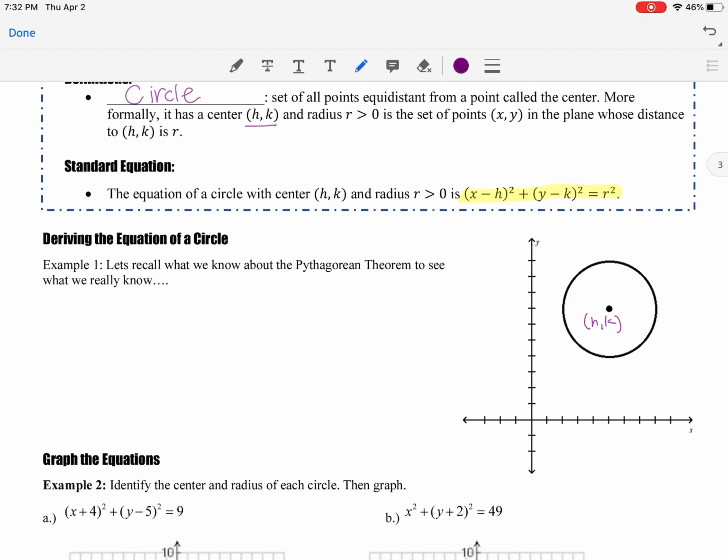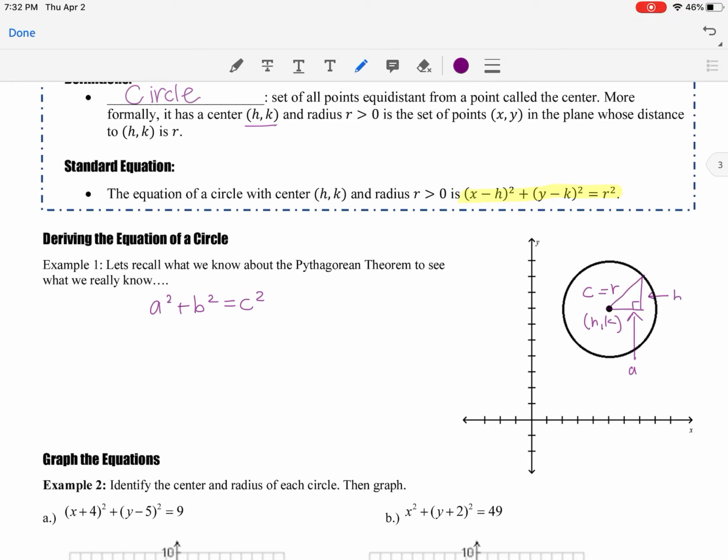If we think about this circle as having center (h, k) and a radius r, let's think about this right triangle. Remember the Pythagorean theorem tells us that a squared plus b squared equals c squared. So given this picture here on the right, our hypotenuse, or c, is equal to that radius.